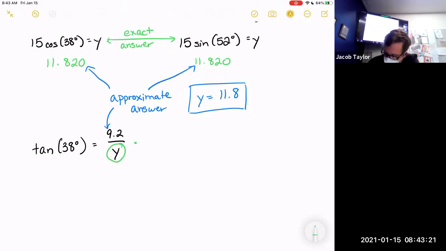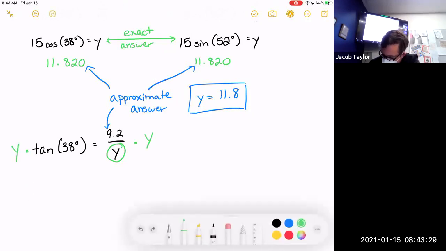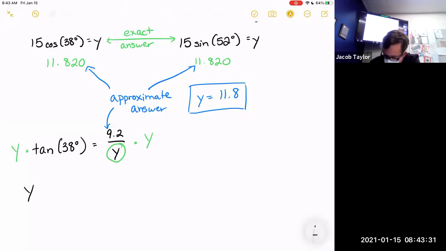I have to multiply both sides by y. So I get y times tangent 38 equals 9.2.